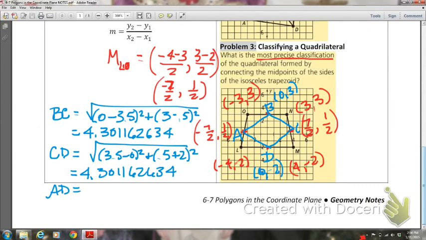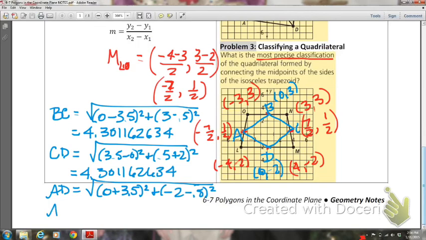AD: the difference between your x values between A and D is (0 plus 3.5) squared, plus the difference between your y's, (negative 2 minus 0.5) squared. If you plug that in, you are going to get the same value.